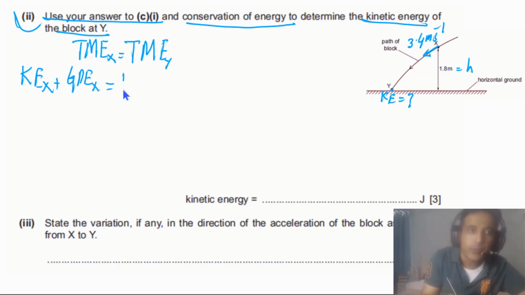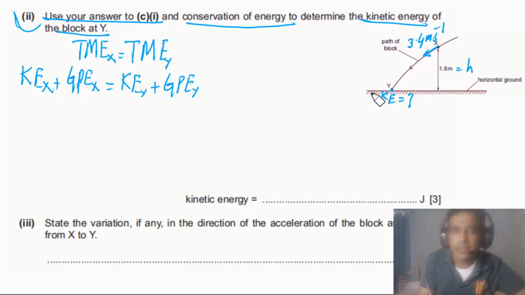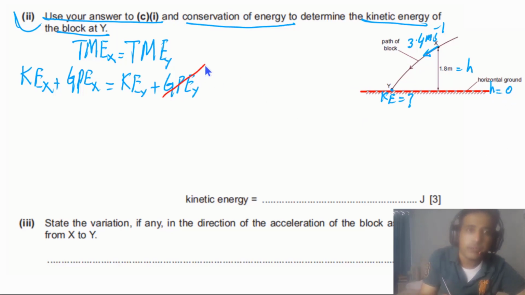Same for point Y, we can write kinetic energy at point Y plus GPE at point Y. For this question, we have taken ground level as our reference level, meaning at this point height is equal to 0. As height is equal to 0, GPE at Y is equal to 0.